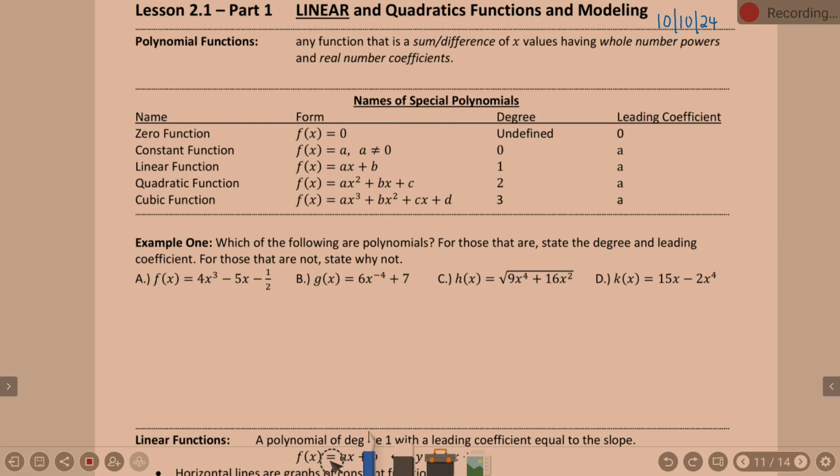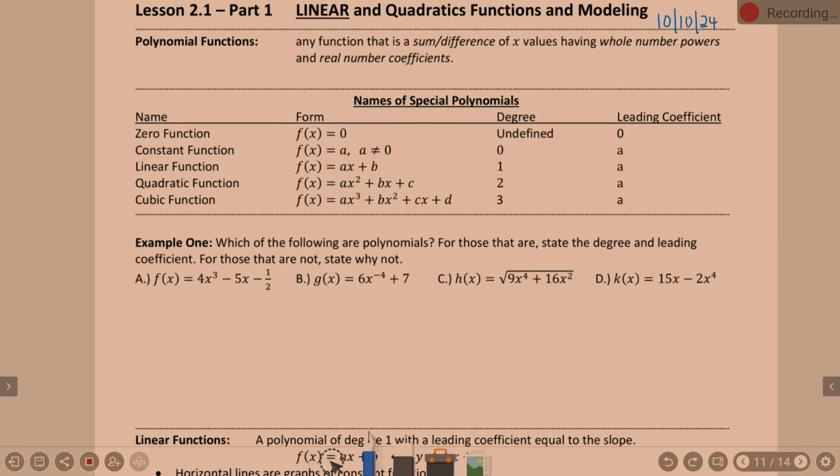And then you don't usually see this one at least in a list, but they also in this book list the zero function. Zero function just being when it's y equals 0. Okay, not some number. The degree is undefined there, and the leading coefficient is 0. Okay. Those are your special polynomials. Those are ones you saw in algebra. That's a lot of vocabulary you saw in algebra.